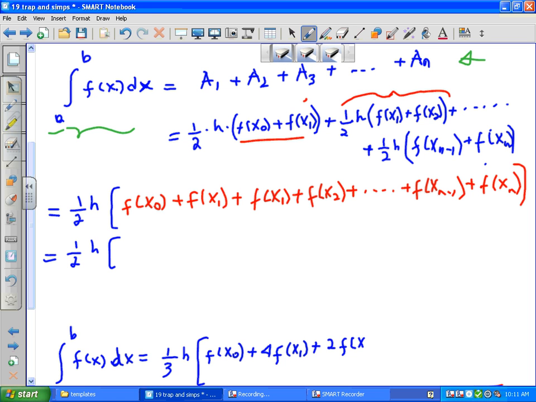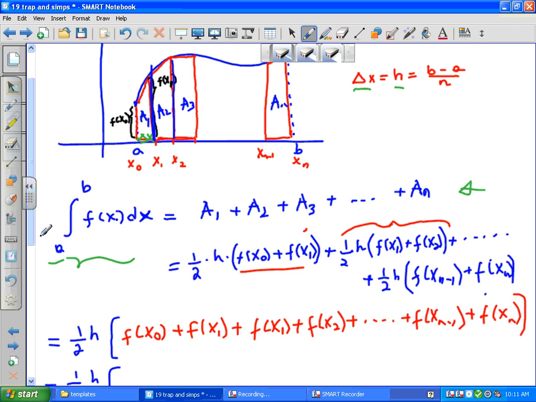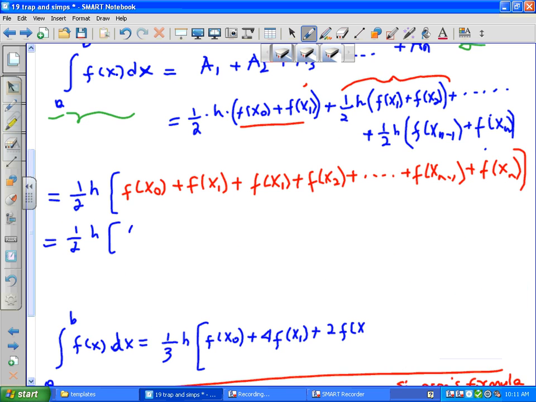How many f of x sub zeros do we have, do you think? One or two? That's the left-hand border of the first trapezoid. That one is not being shared by any other trapezoid, right? So there's only one f of x sub 0. How many f of x sub 1s? 2. How many f of x sub 2s? 2, because everything is being shared until you reach the last few steps.